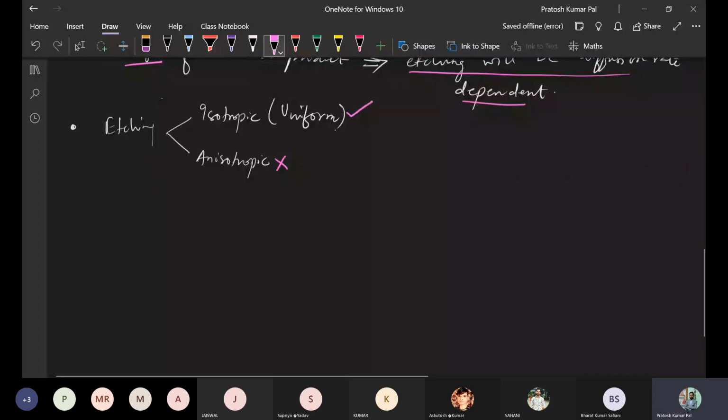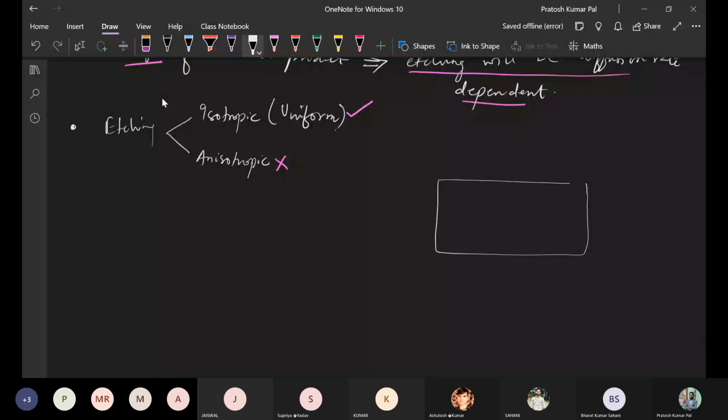So suppose this is the surface. This is the mask. And this is your oxide region that needs to be etched. So whenever an etchant is introduced here, it will not react or etch only in the downward direction.